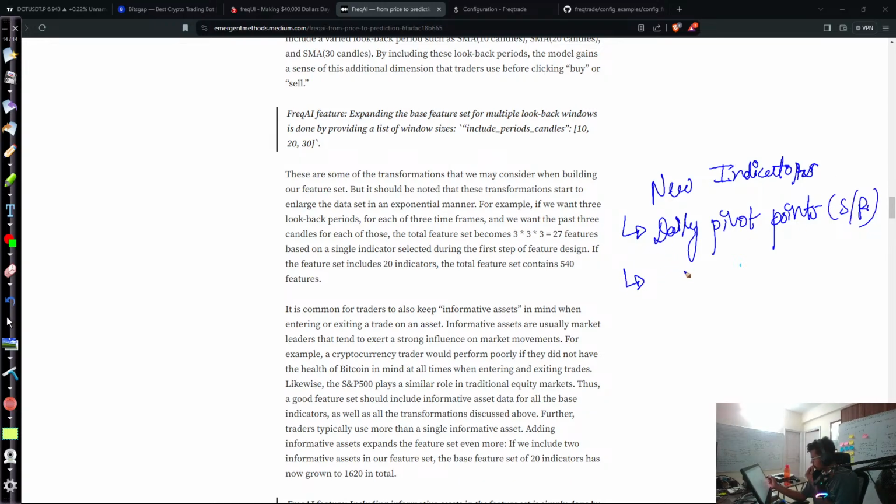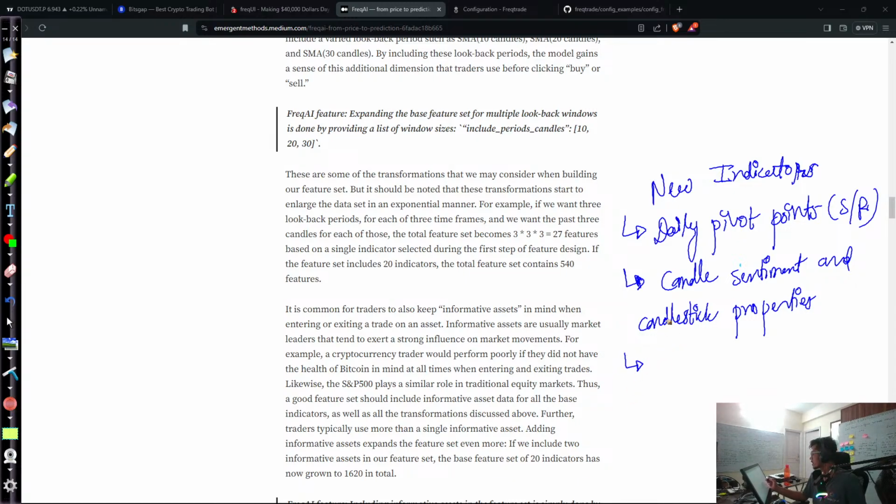We also built candle sentiment analysis, candle sentiment and candlestick properties, so that can be added as your feature set.